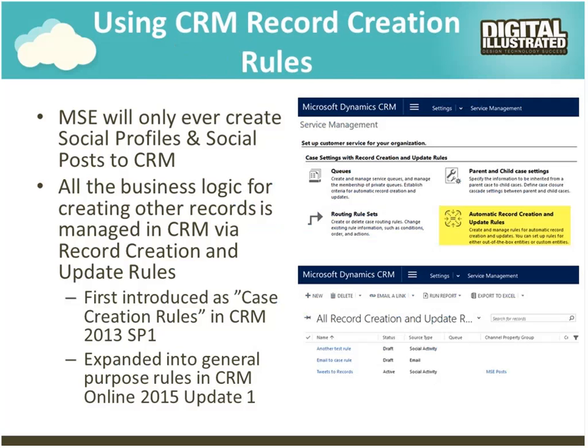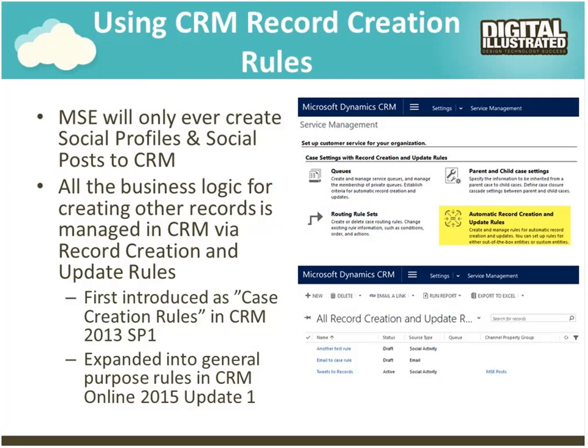But then going back to the CRM side of things, how would we determine the business logic for what happens to these social posts and profiles? The important thing to understand is that MSE on its own will only ever create those profiles and posts, nothing else, into CRM. All the other business logic will have to be managed in CRM, and you do that via the record creation and update rules feature.